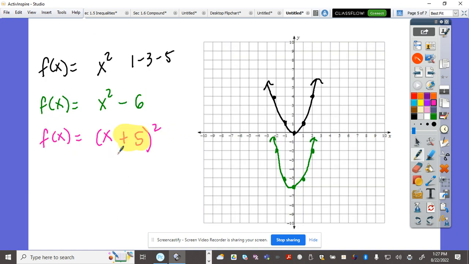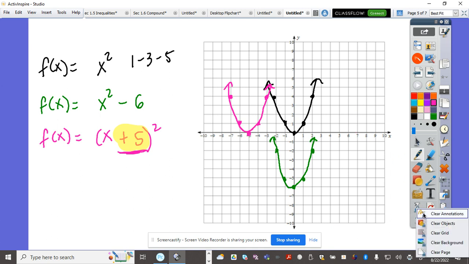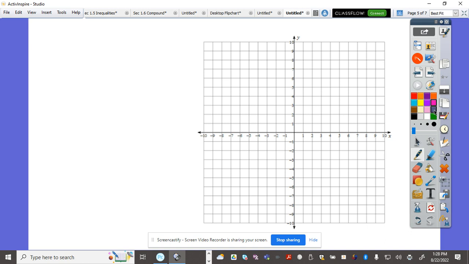So since this one here is positive 5, I'm going to go to the negative 5 there, and I go 1 up, 1 over, up 3 over, reflection on the other side. So the graph, if you compare the parent function, the black graph, to the pink graph, it shifted 5 units to the left.